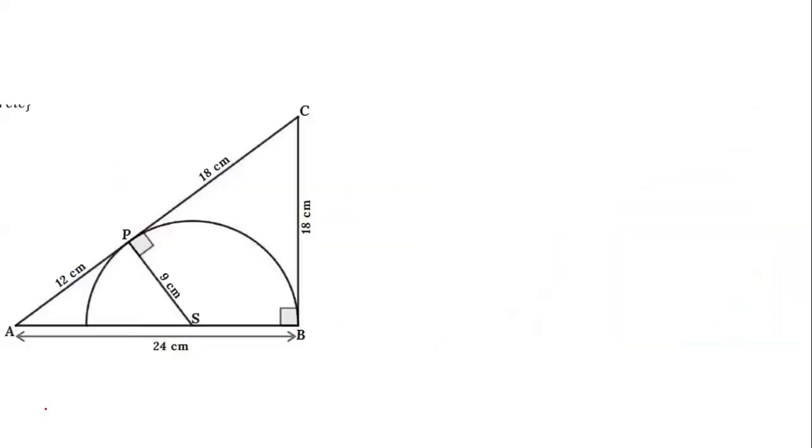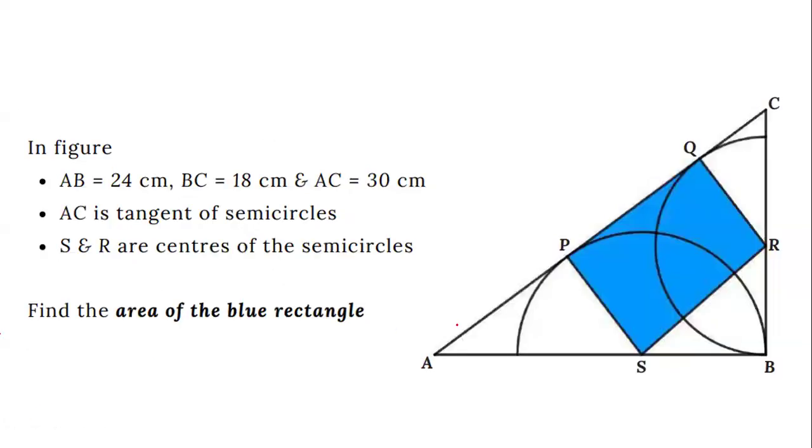You see this figure. AC is tangent to both of the semicircles, and we know that from the center if we draw a perpendicular, this is a 90-degree angle, and from the other center if we draw a perpendicular, this is also a 90-degree angle. So if both of these angles are 90 degrees to this line, then this line must be parallel to this line.